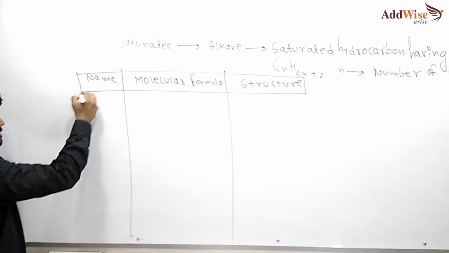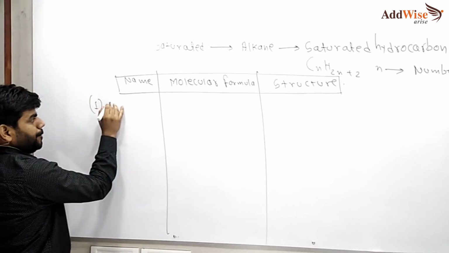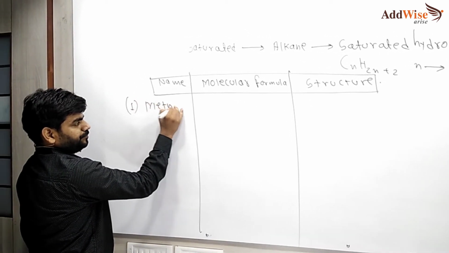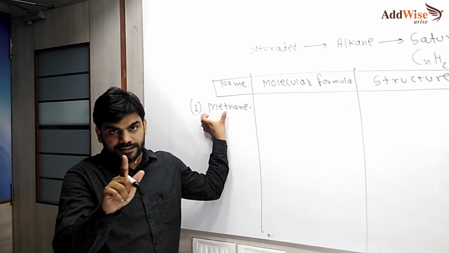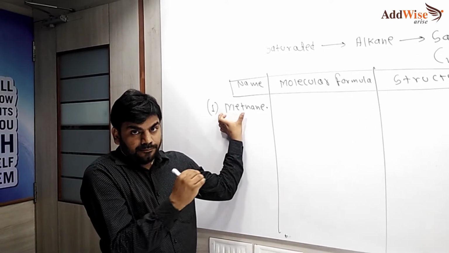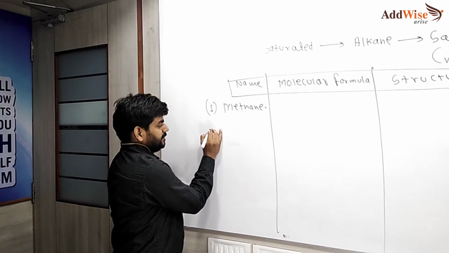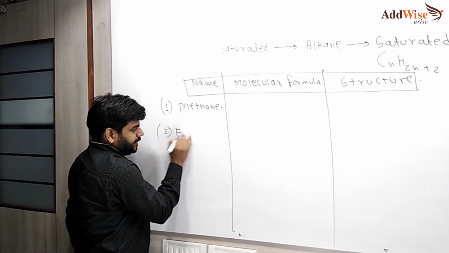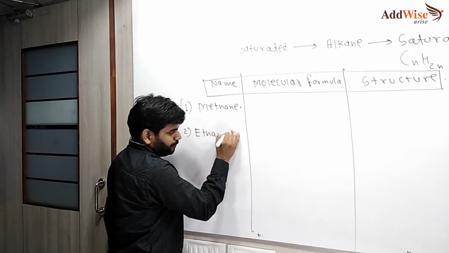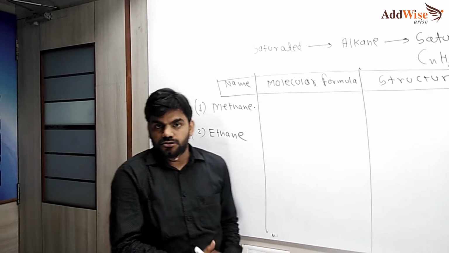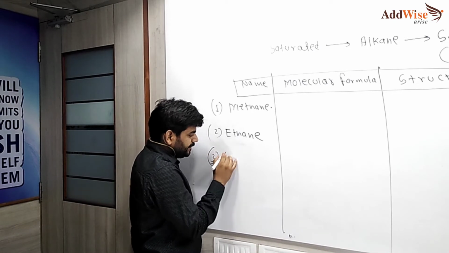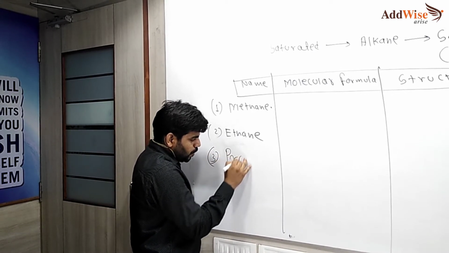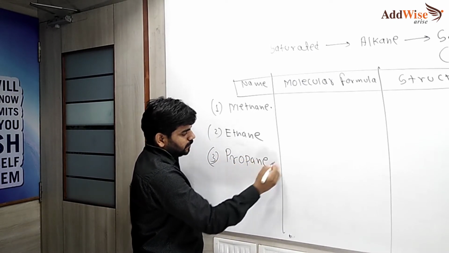So the very first example of alkane is methane. Students, meth means 1. This represents the number of carbon atoms. The second example is ethane, it means 2. After ethane, the next will be propane.